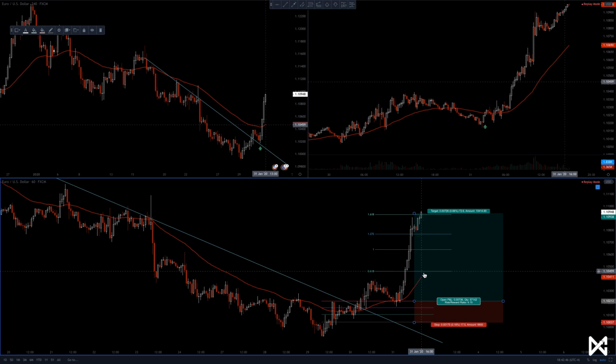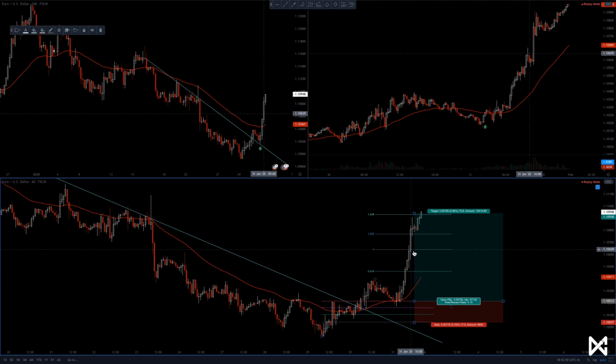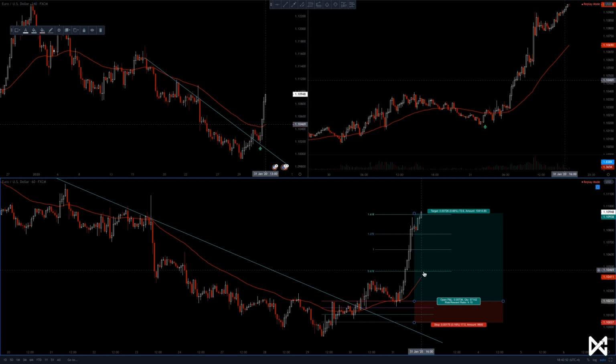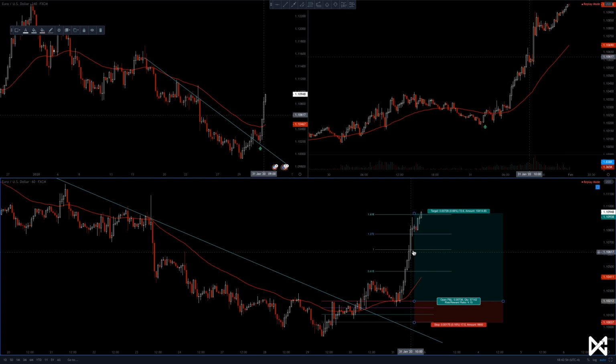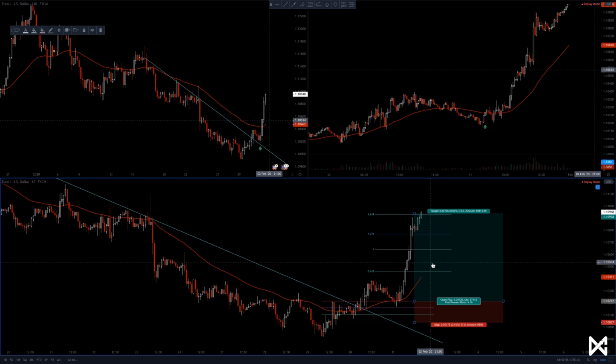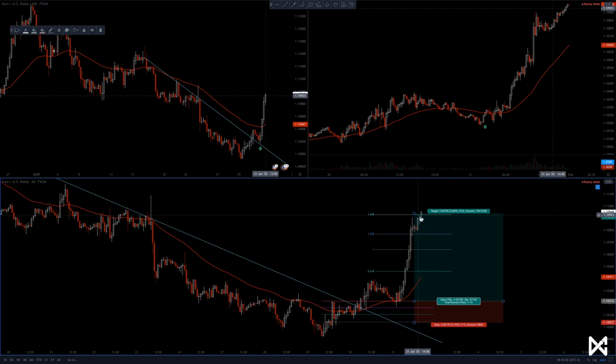You're going to lock in that full 1.4%, right? So if it churns around early here at 1.0 and falls down, you'll bank 1.4. If it continues to go higher, you're going to take your stop loss and move it farther up, lock in 2% and lock in 3% until you finally get close to your target. Or if it churns around, again, your stop is going to be hit based on the level where you put it.